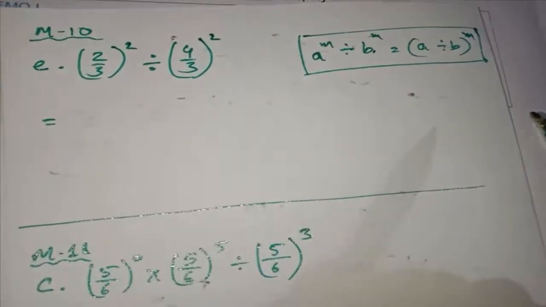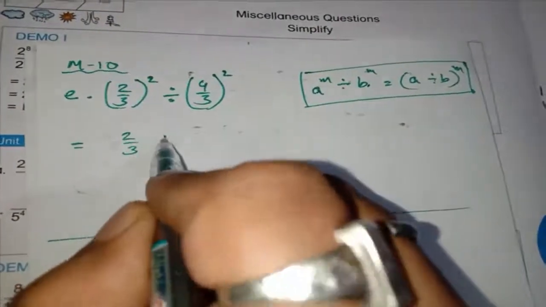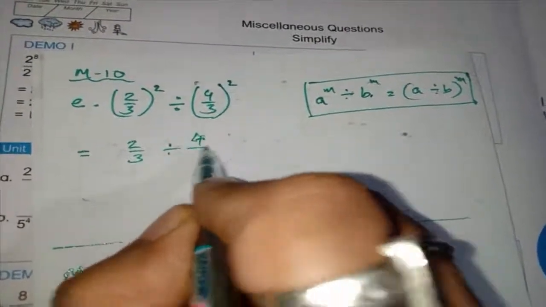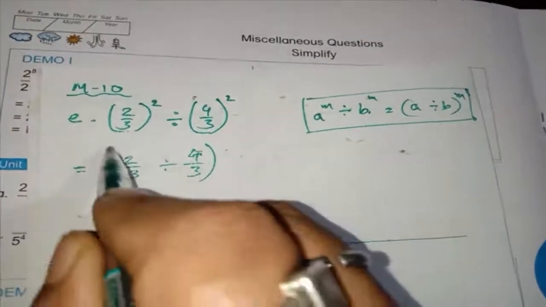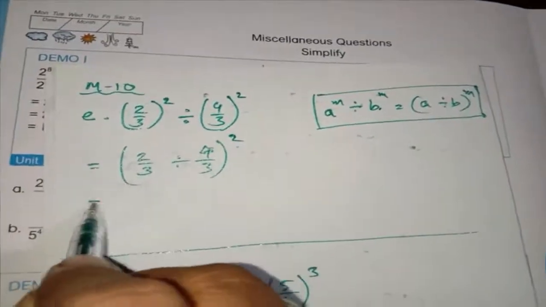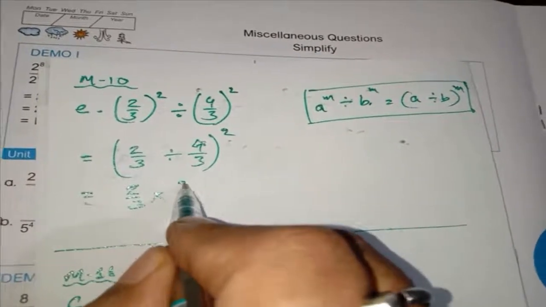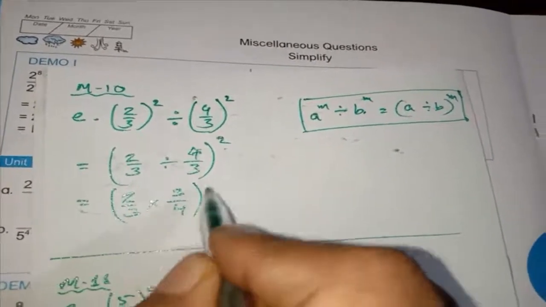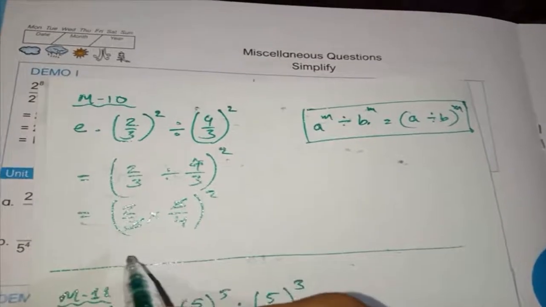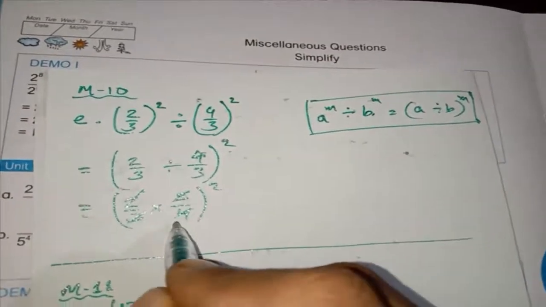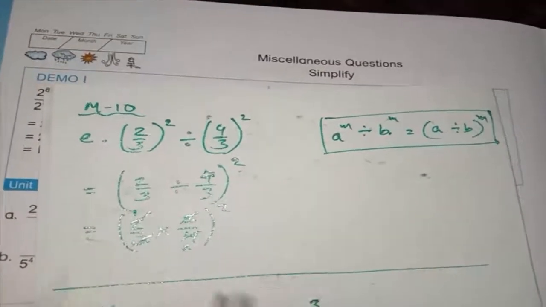So here we can write 2 by 3 divided by 4 by 3 whole square. Within the bracket, we can write 2 by 3 multiplied by the reciprocal, that means 3 by 4, whole to the power 2. So this 3 and this 3 get cancelled, this 2 cancels with this 4, and we are left with 1 by 2.